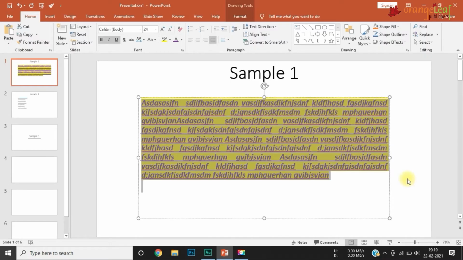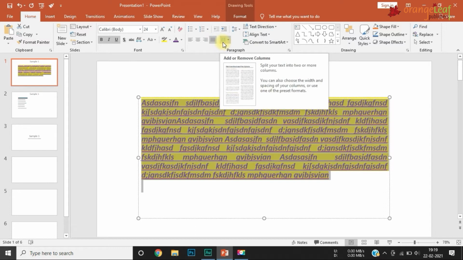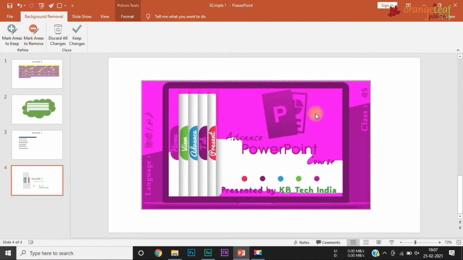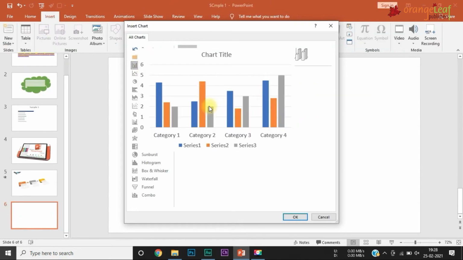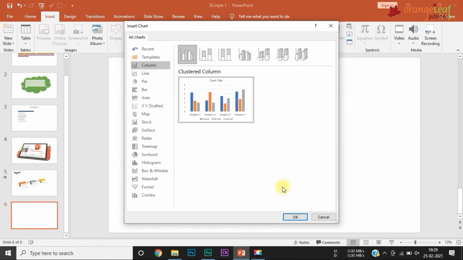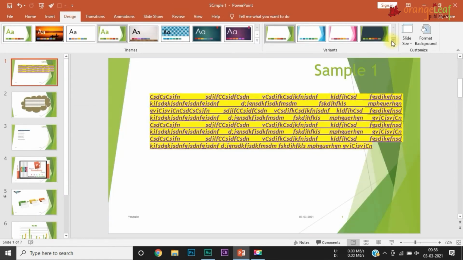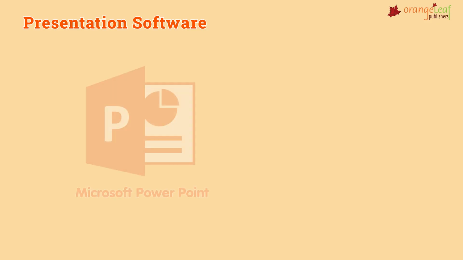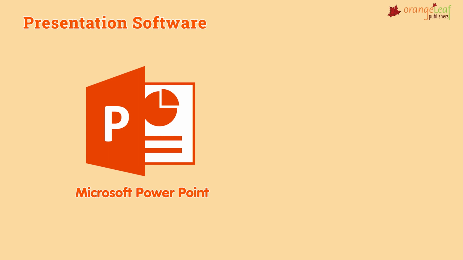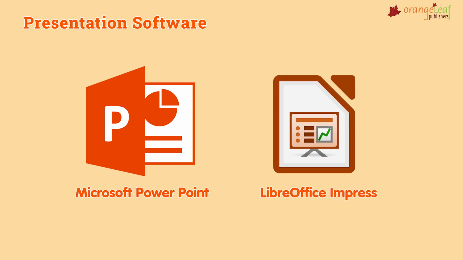Presentation software. Presentation software allows a user to present data using graphs, clip arts, different colors, text, transition styles, and animation features. Examples: Microsoft PowerPoint, LibreOffice Impress, etc.